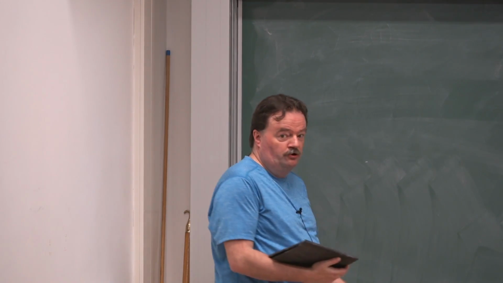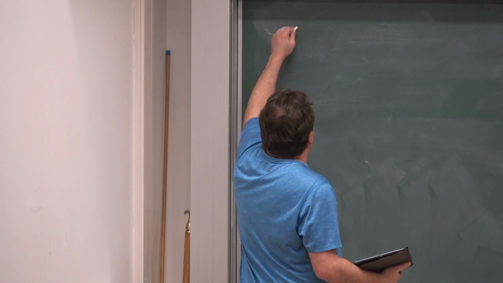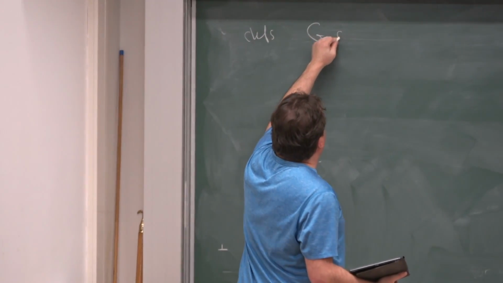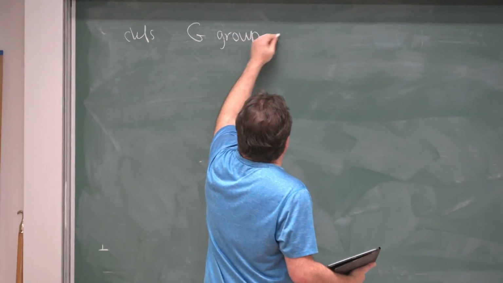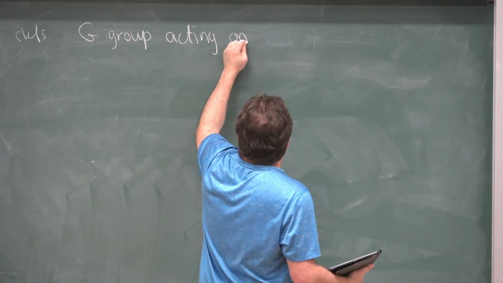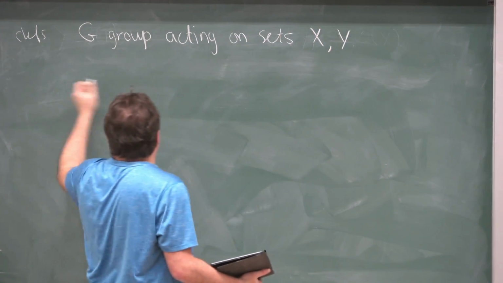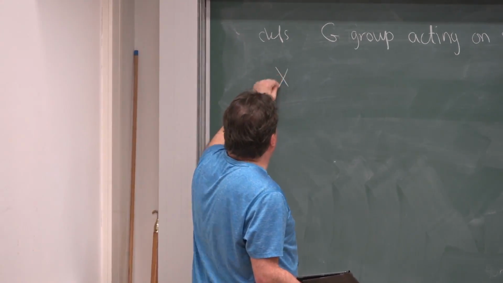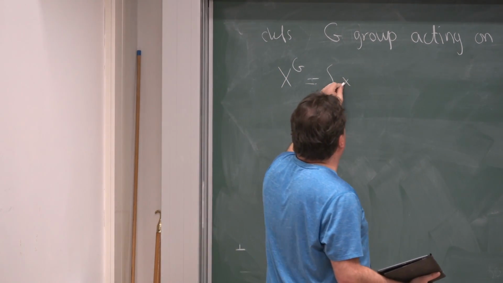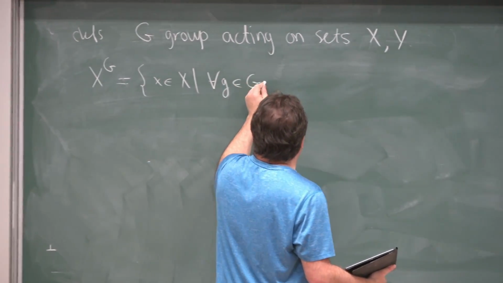So it's just some more notation conventions. Just generally, if you have a group acting on some set X, then the fixed set I denote by X^G, right? So this is the set of all x such that it's fixed by every element in the group.